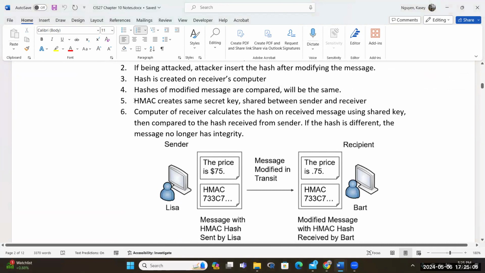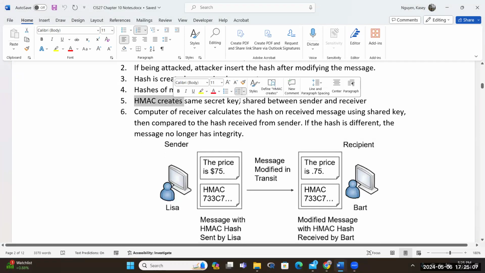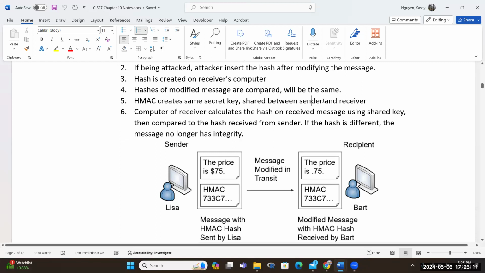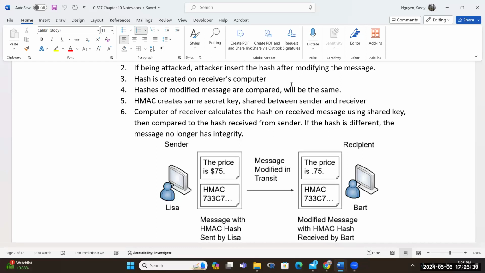If we use HMAC, because it's using the same secret key, only the sender and the receiver would have those keys. That elevates the security a little bit. So when it calculates the hash, it's going to look for that key. So that's an extra element that we have outside of just hash comparison for integrity in the message exchange, right?